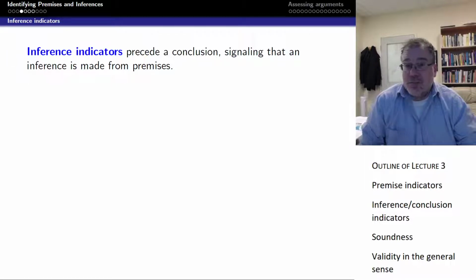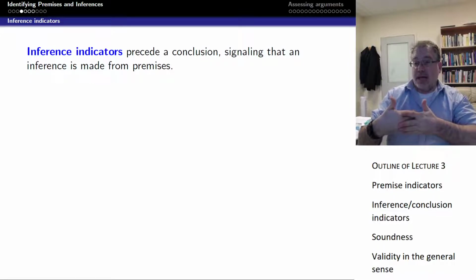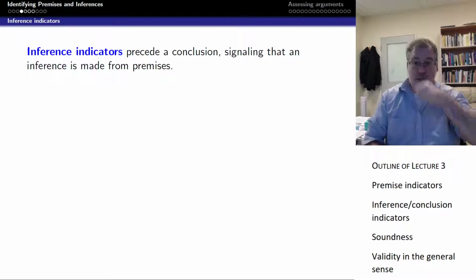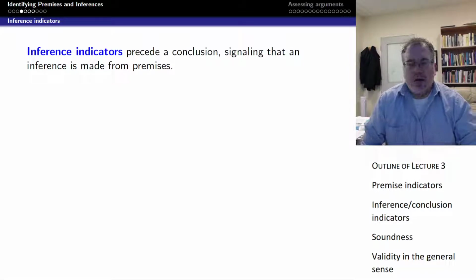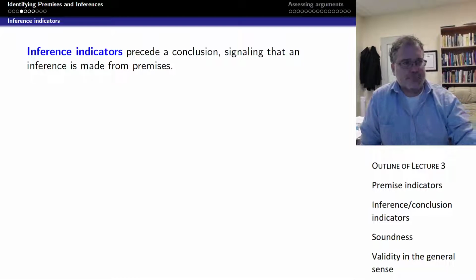Inference indicators indicate not that something is a premise, but rather that an inference is made from the premises to the conclusion, which is why they're also called conclusion indicators, because normally they are put just before the conclusion to indicate that a conclusion is following.